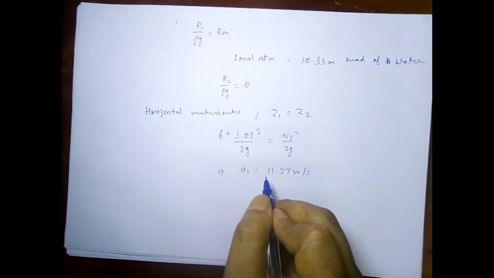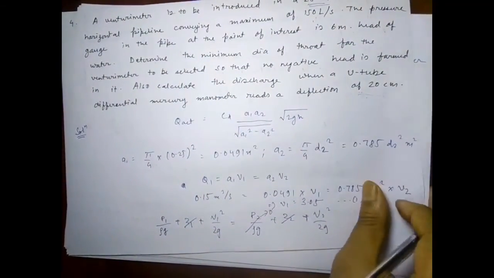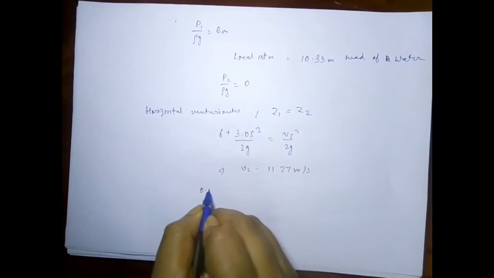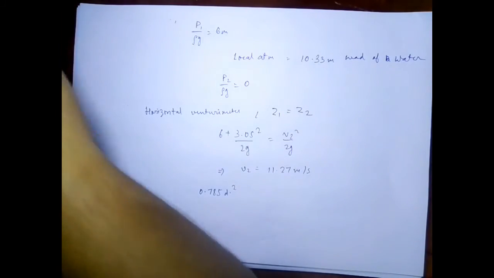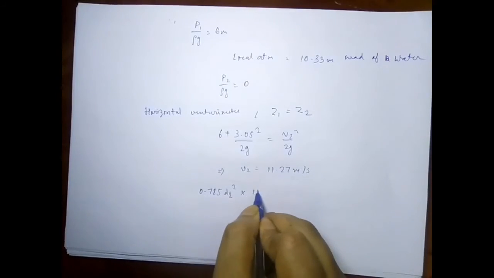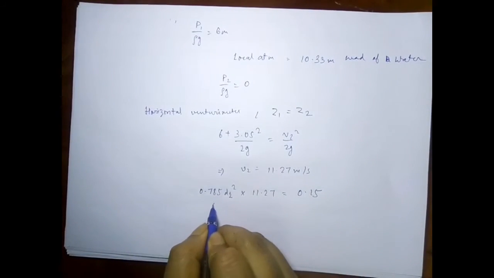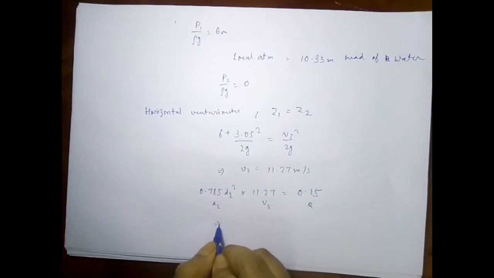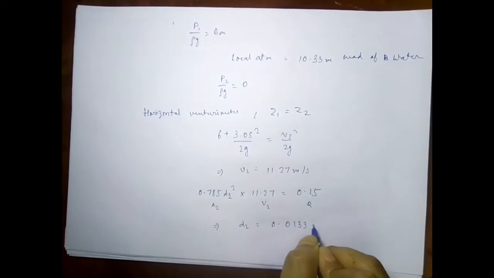Let's just consider that this V1 is equation 1, and from there we can say that 0.785 d square, we considered as d2 square, we considered as the area, and area times the velocity V2, 11.27, is equal to 0.15, that is the discharge, because this is the area A2, this is the velocity V2, and this is Q. So from here we get d2 is equal to 0.0133 meter.